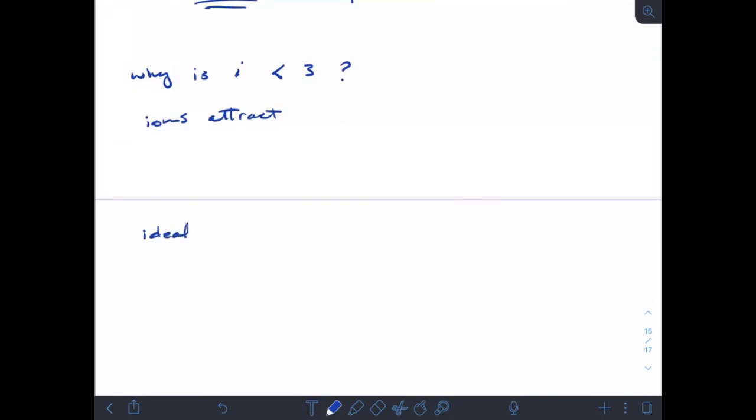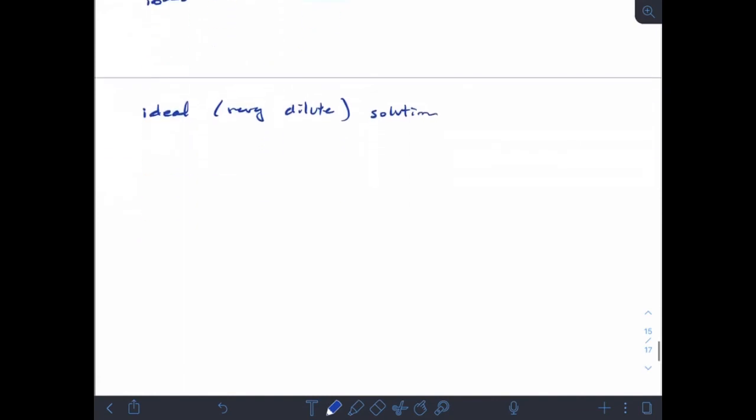Okay, so ideally, in other words, in a very dilute solution, I've got some nitrate ions. I've got 2 of those for every lead ion, right?